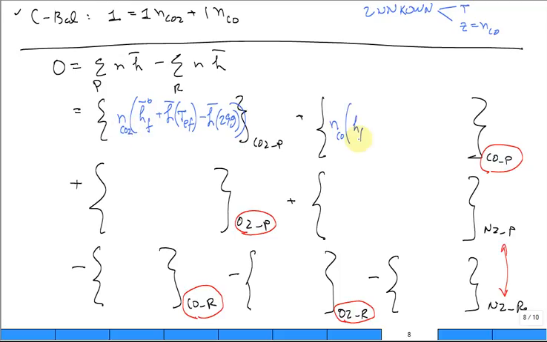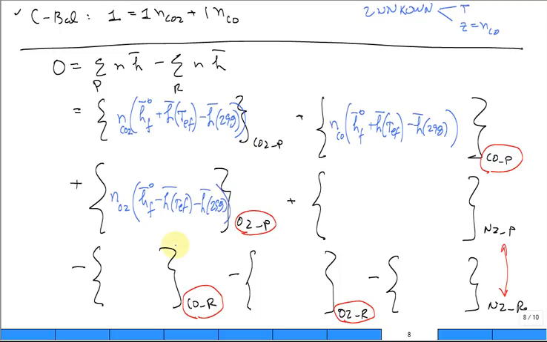The enthalpy of formation of CO going in the product, plus the molar enthalpy as a function of the equilibrium flame temperature minus the enthalpy at 298. Then you have the equilibrium amount of O2 going out in the product, enthalpy of formation, plus the molar enthalpy at equilibrium flame temperature minus the enthalpy at 298, close paren.